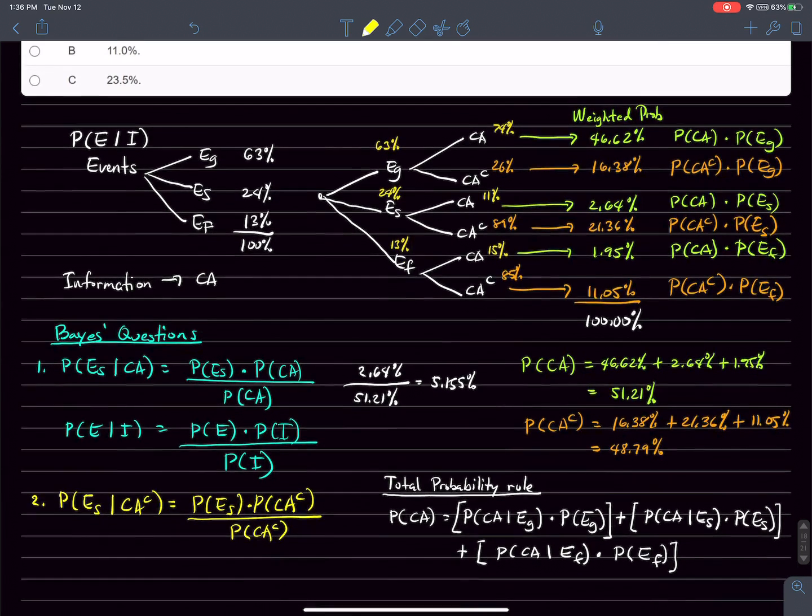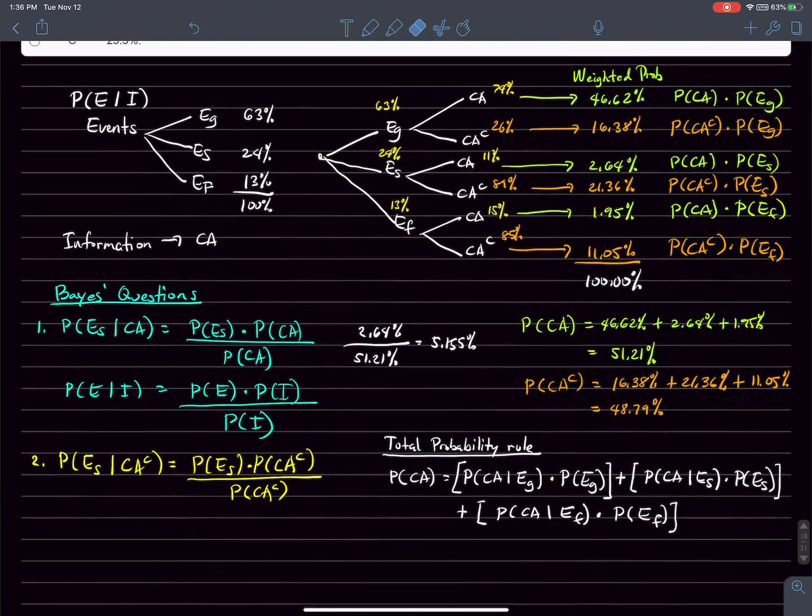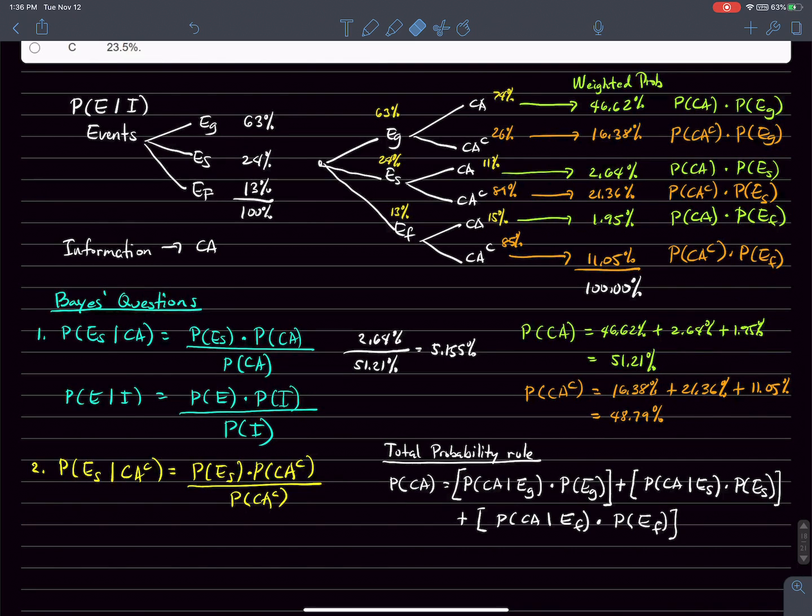So let's solve this number 2. Probability, you're looking for this. This is Bayes because we have the event and we're giving you information that the currency will not appreciate, given the economy shrinks. So what's the probability of ES times CA complement? We'll be looking at ES here given CA complement.